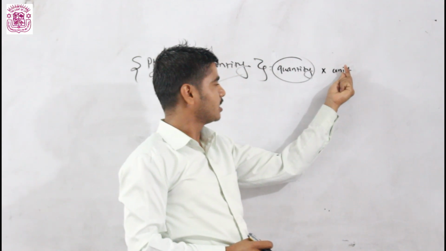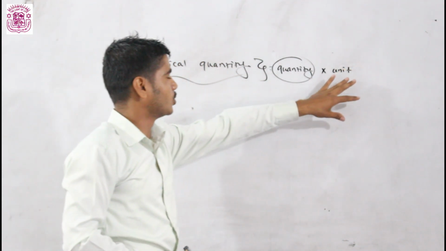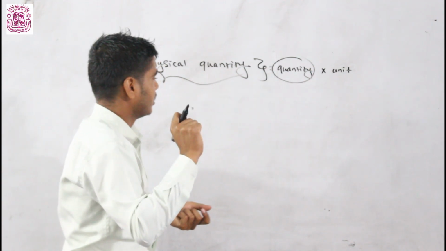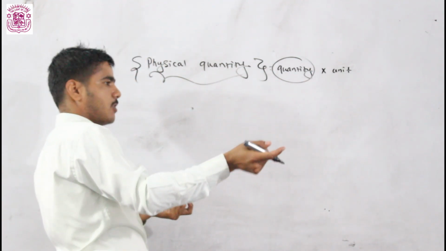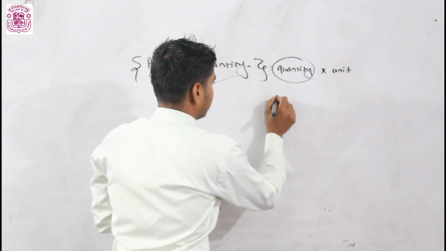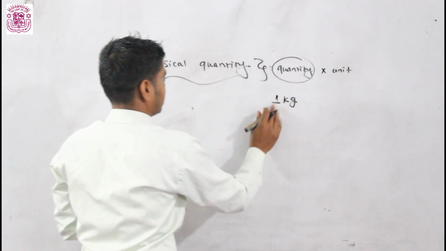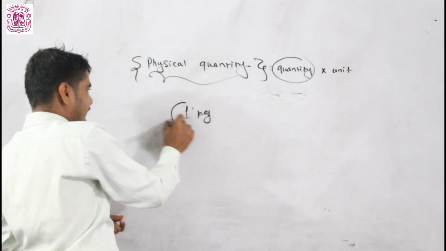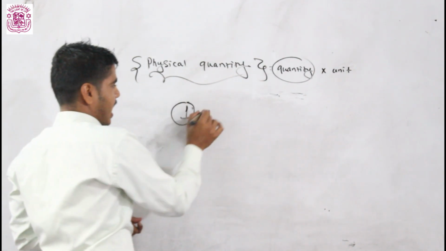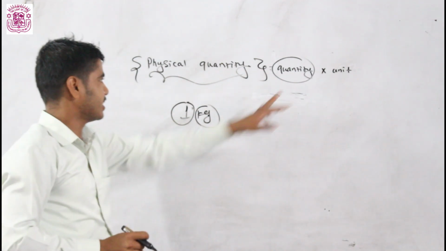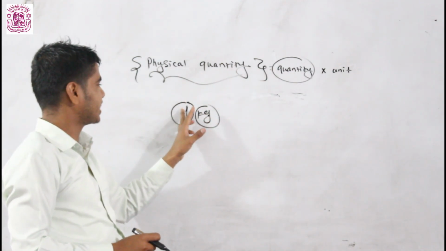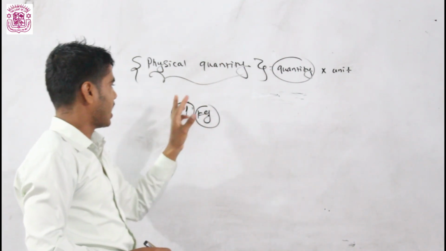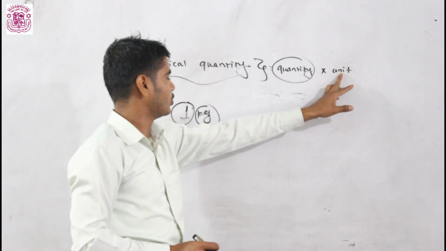And unit is a reference standard with which the physical quantity is compared. For example, if you go to the shop and ask for 1 kg apple, then in that 1 kg, 1 is the quantity and kg is the unit. Quantity means the value, how much, 2 kg, 3 kg apple. And kg is the unit in which you are expressing.